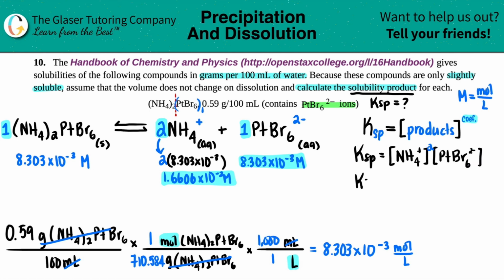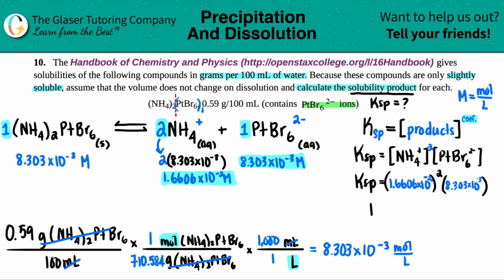So Ksp equals the first one that's squared, and then the second one. The first one we found out, the NH4, was 1.6606 times 10 to the negative second. And then the second one was 8.303 times 10 to the negative third.